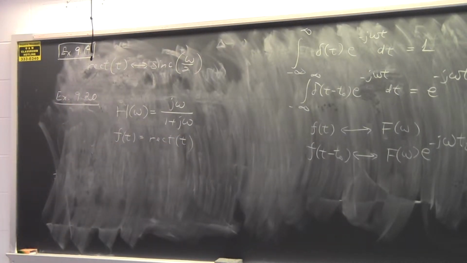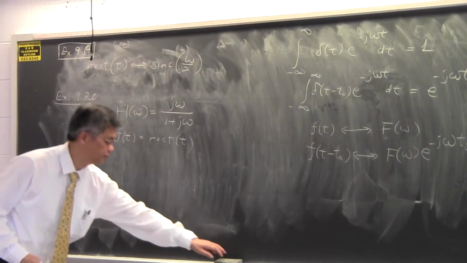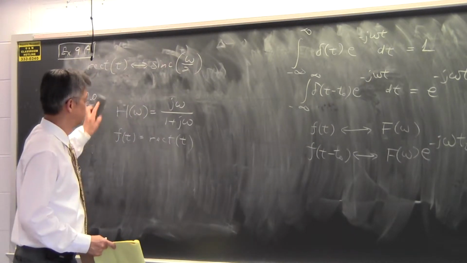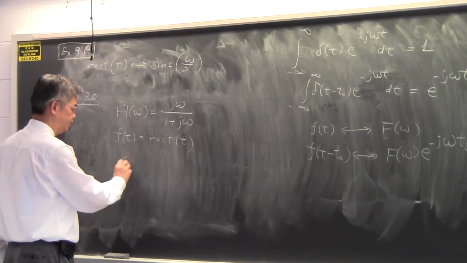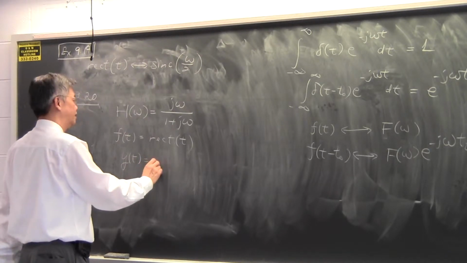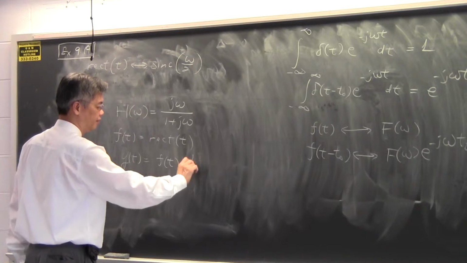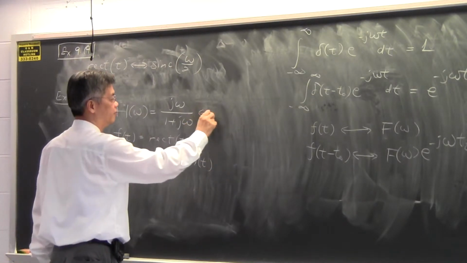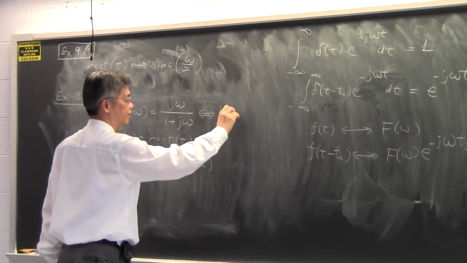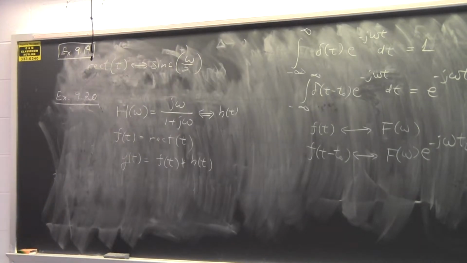Okay? You're asked to find the output y of t. y of t is of course equal to f of t convolving with h of t. And you want to Fourier transform this back to h of t.